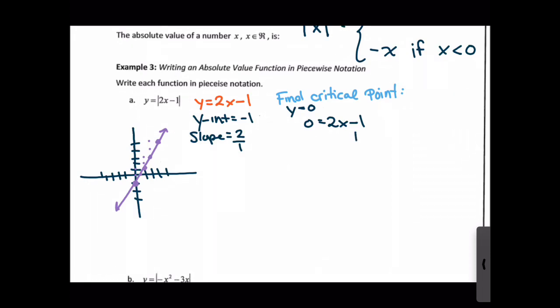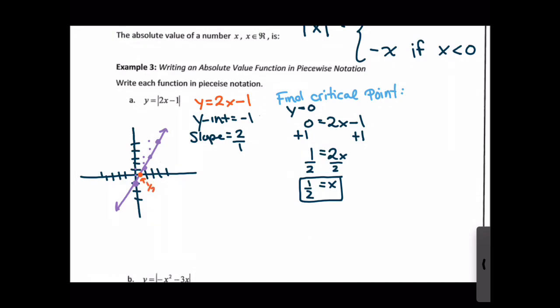So I would add 1, and then I would divide by 2. So my x is 1/2. That's my turning point right here, 1/2.